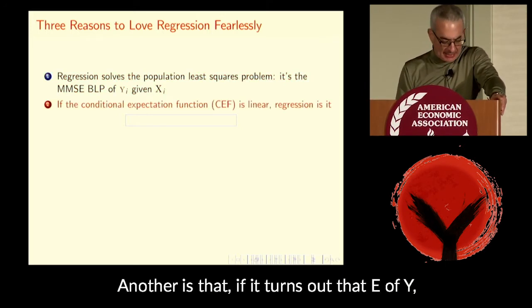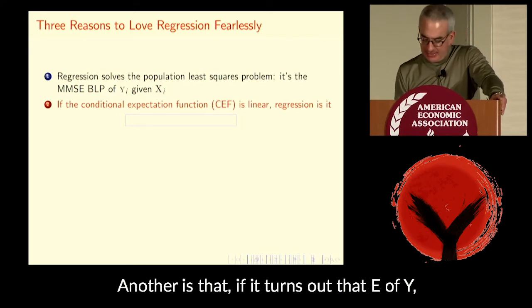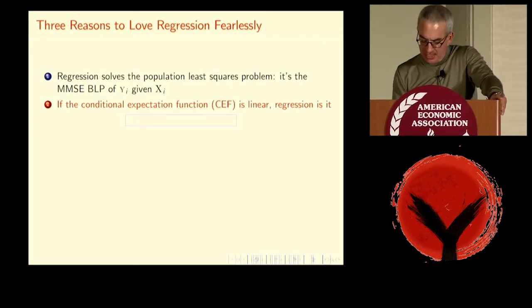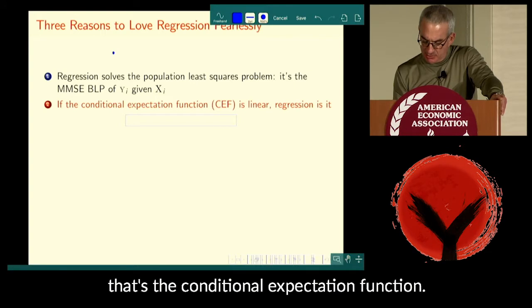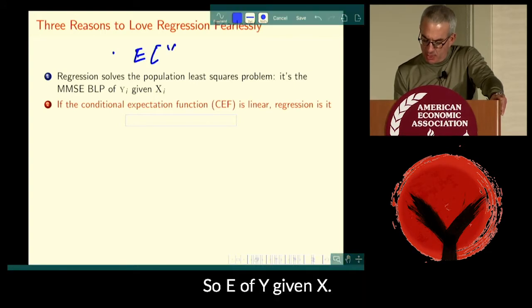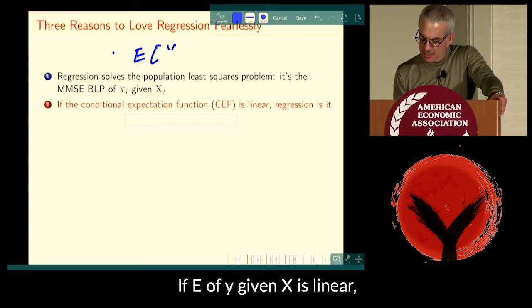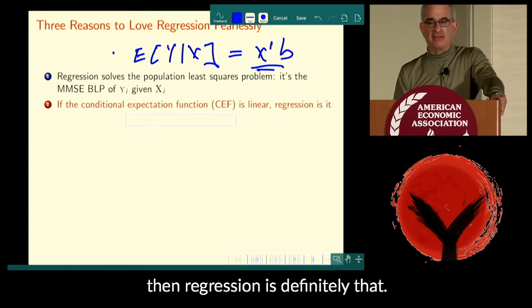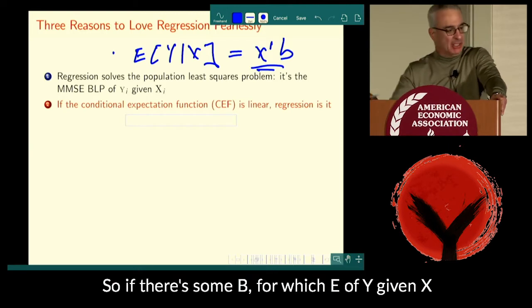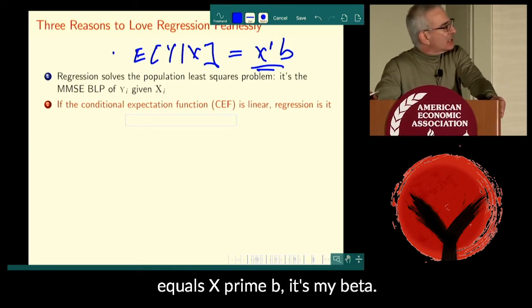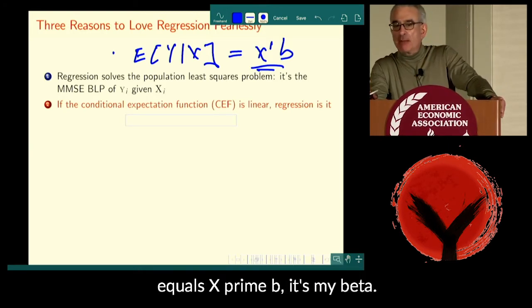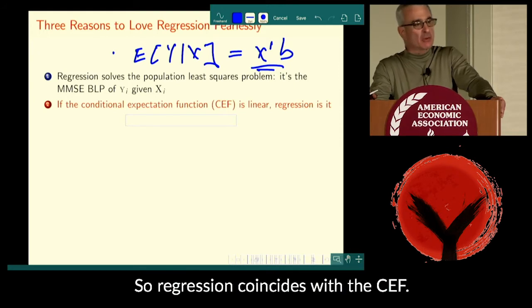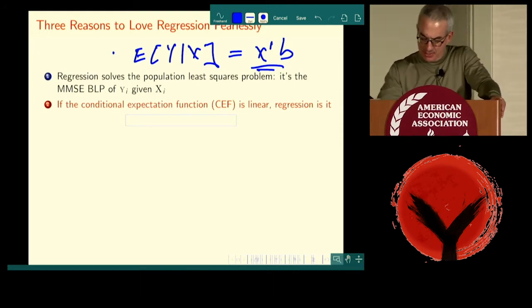Another is that if E of y given x, the conditional expectation function, is linear, then regression is definitely that. If there's some b for which E of y given x equals x prime b, it's my beta. So regression coincides with the CEF.